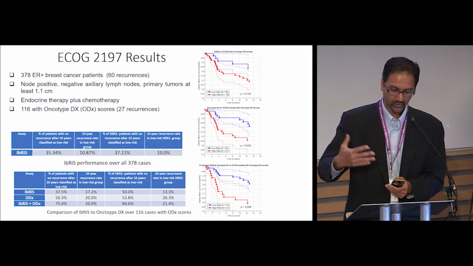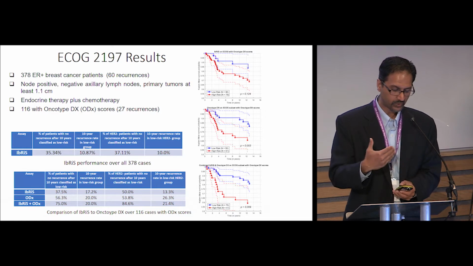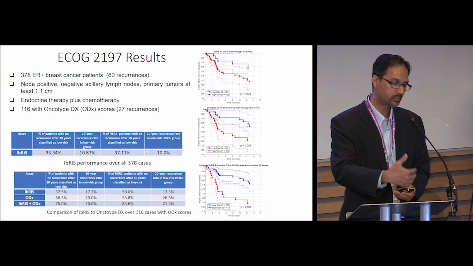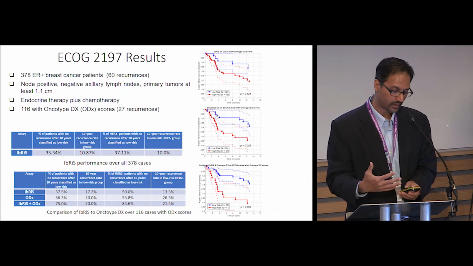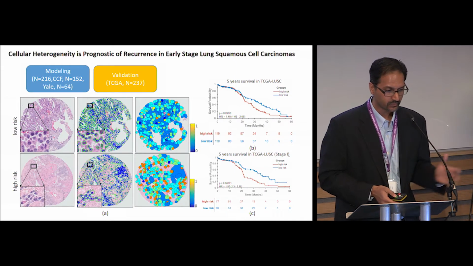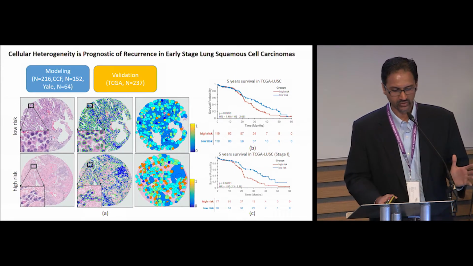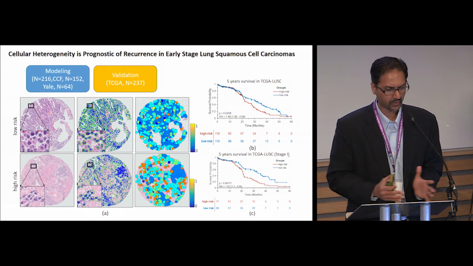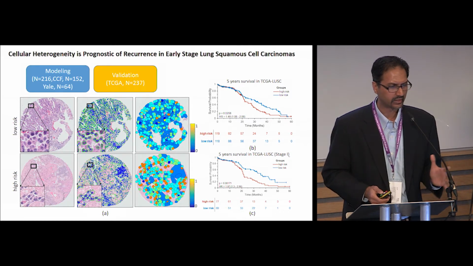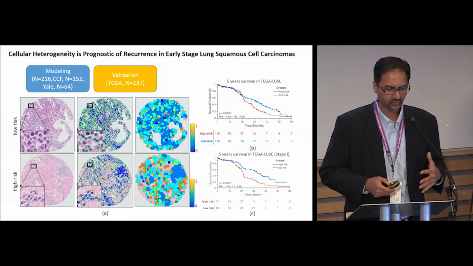In other words, we were actually able to show that we could identify 20% more truly low-risk breast cancers, identify 20% more patients who could avoid adjuvant chemotherapy compared to just the oncotype DX test alone. But this idea of the image-based risk score we found really applies across the board to a number of other cancers as well. This is work we're doing in early stage lung cancers, where again, it's a very, very similar issue.